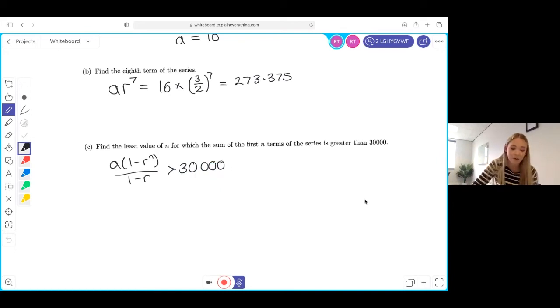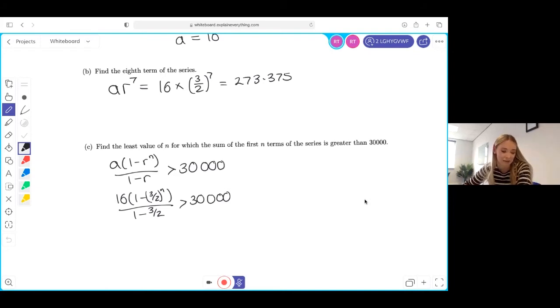So if we sub in what we know so far, so we know that A is 16, and we know that R is 3 over 2. And then we've just got to solve this for n.